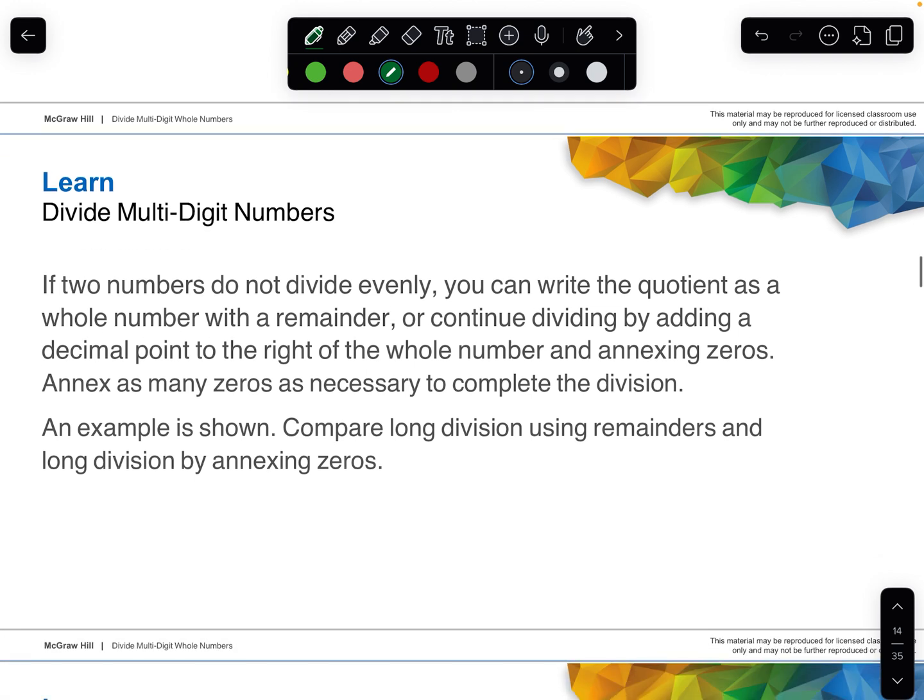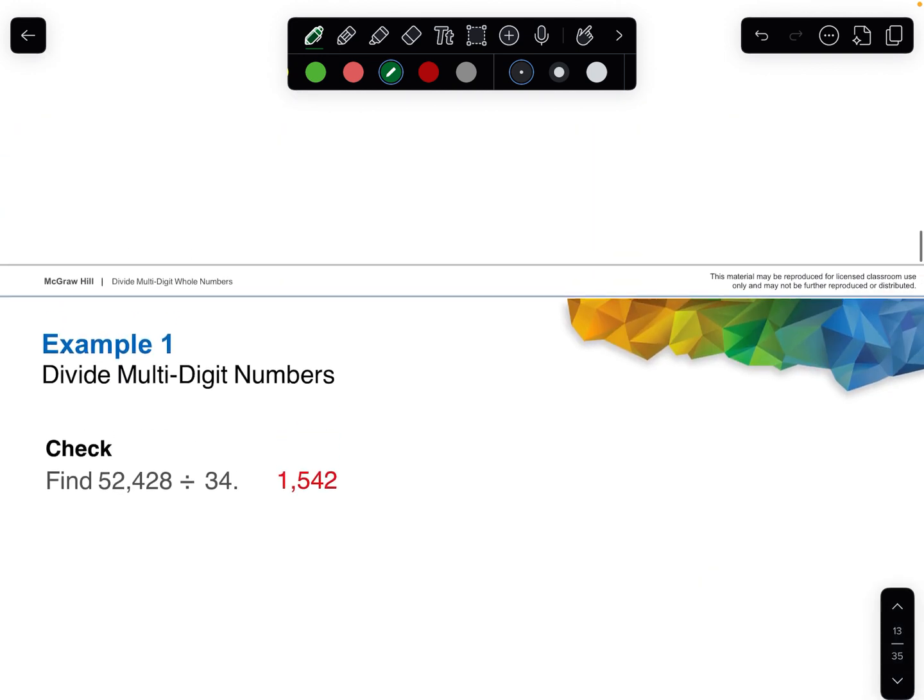Now, what do we do if two numbers do not divide evenly? What we can do is write the quotient as a whole number with a remainder. For example, in this same question, if we had 52,429 divided by 34, now we know 52,428 divided by 34 is this much.